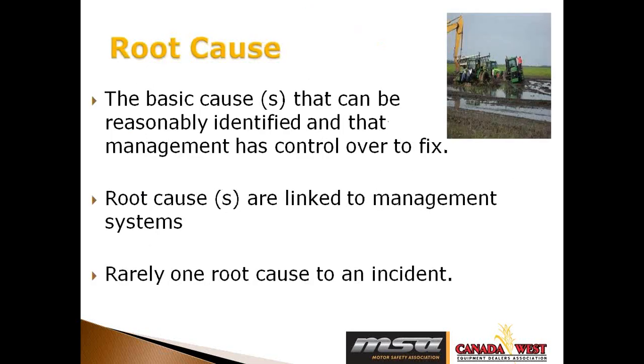A bit of information about root causes. To determine the root cause of an incident or an accident, you want to ask why at least 5 or 6 times, or keep asking it until you can't get an answer anymore. This is what my 3-year-old does, and boy, it's a good way to find the root cause of an incident.